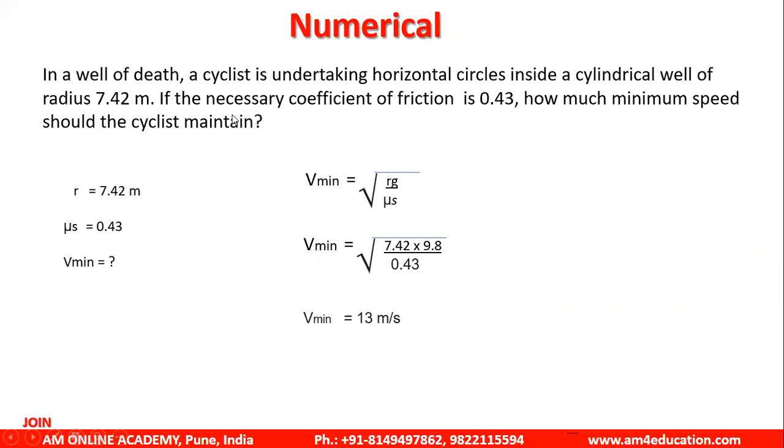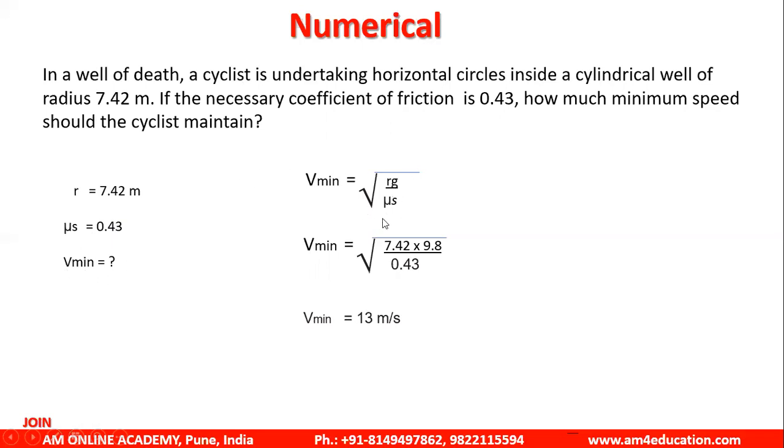Here it's given as a cyclist, but it may be a car or a motorcycle, because this expression is irrespective of the mass. So we can take cycle or motorcycle. The given quantities are r equal to 7.42 meter, mu s equal to 0.43, and we have to find v min.